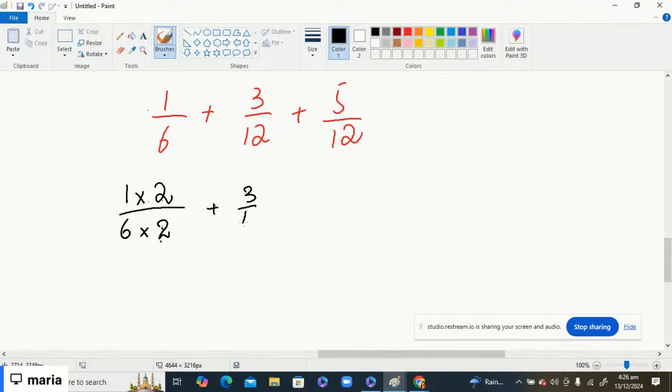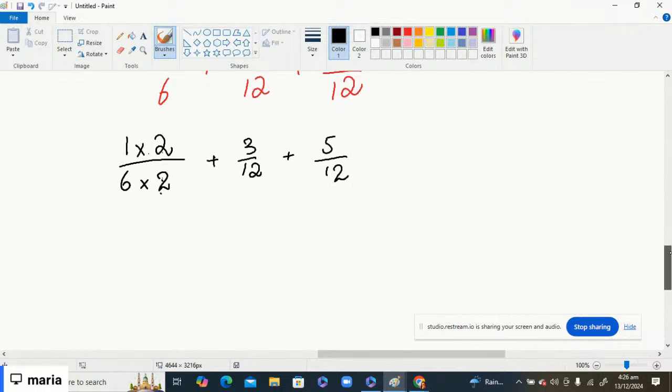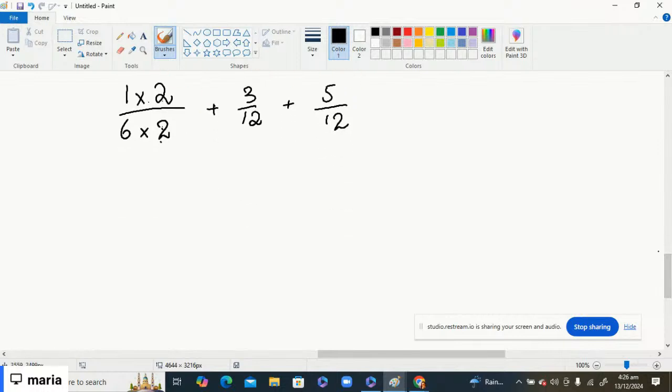The remaining we put the same, 3 by 12 plus 5 by 12. So 2 times 1 is 2, 6 times 2 is 12. Now here 3 by 12, and here 5 by 12.